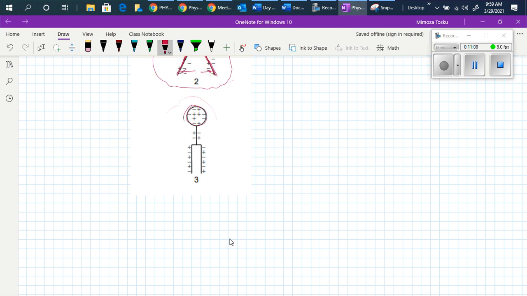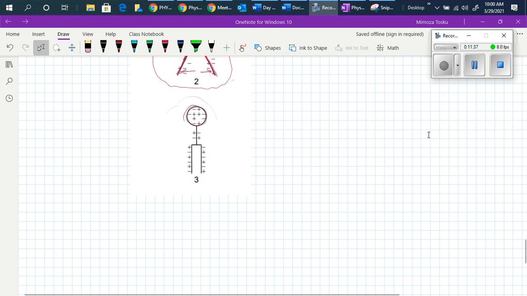But when we take away the rod, then the charges will be redistributed again. And then we will have the leaves going back to the original position, indicating that the electroscope is neutral.